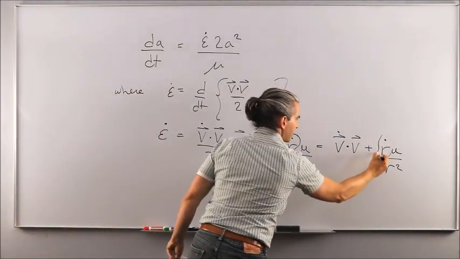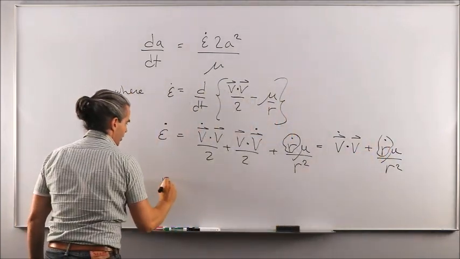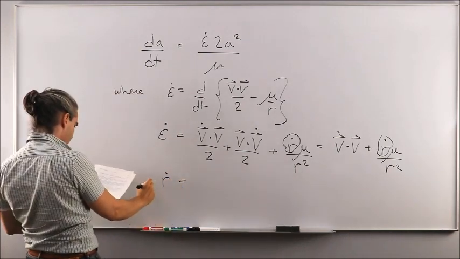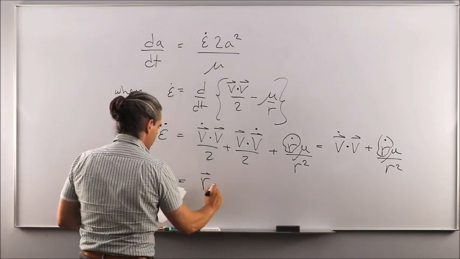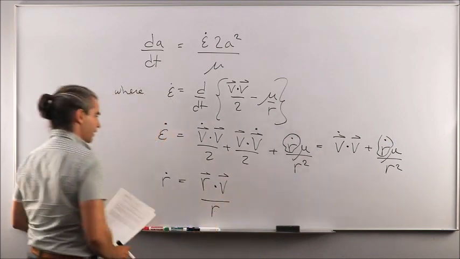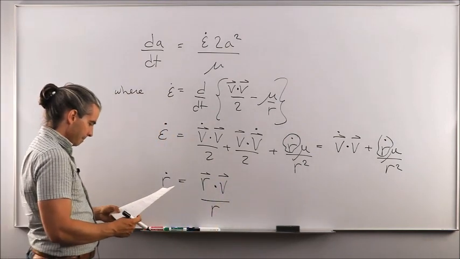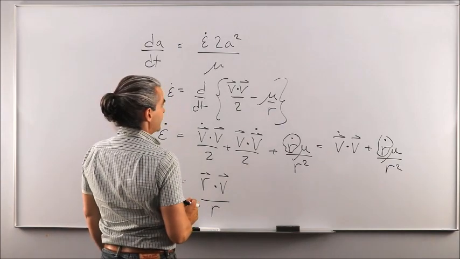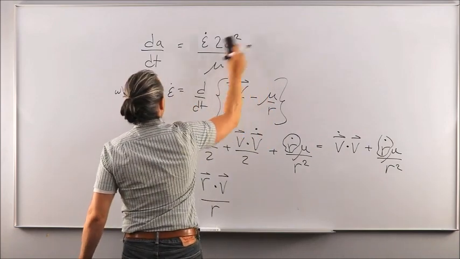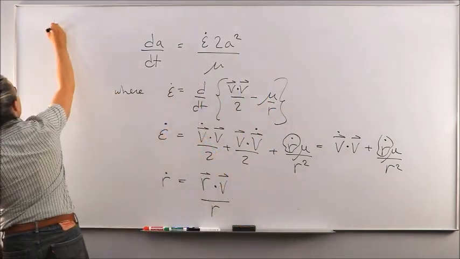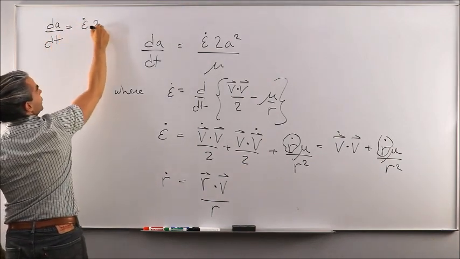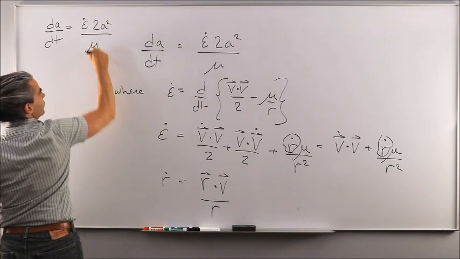Now, looking at the speed here from chapter 2, I believe, or even chapter 1, I'm not too sure, we had derived this expression for r dot, which was position vector dot product with velocity vector over distance r. Okay? Then just report that equation here and keep it on the corner. E dot 2a squared over mu.